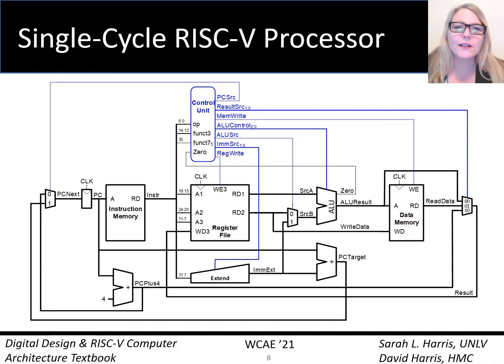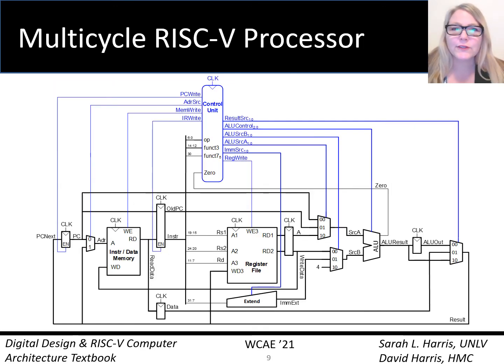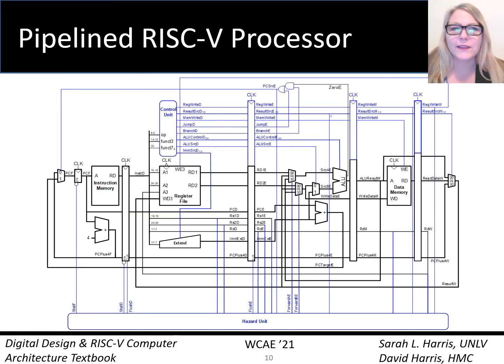And so we can develop this RISC-V processor in a matter of one lecture, even, because of the foundation that we've built in the first half of the book. And here's a picture of the multi-cycle RISC-V processor, and finally the pipeline RISC-V processor, which we develop by starting with a single cycle and adding the pipeline registers between the stages.